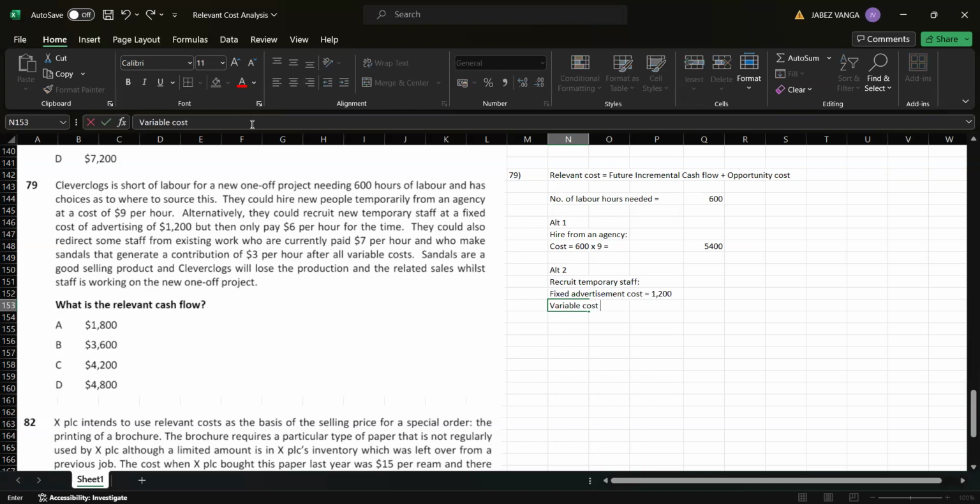Variable cost will be, we see that 600 hours paid at the rate of $6, not 7, $6, which is equal to 3,600.